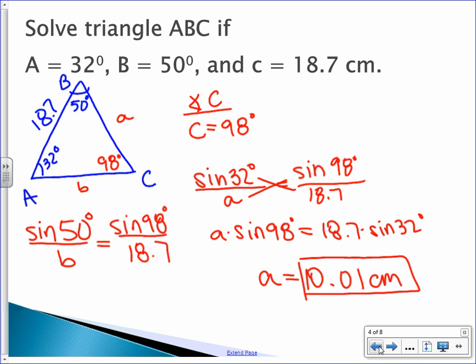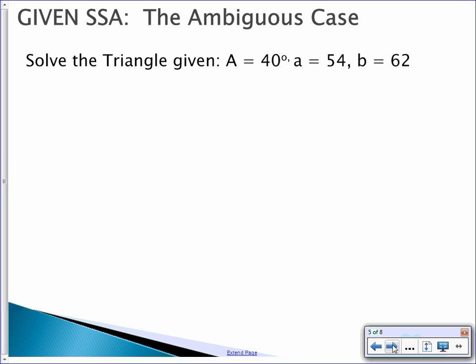Everyone see that? So we're going to use that to help us when we solve our second triangle. All right, so here's our given information. We have A is 40 degrees, side A is 54, side B is 62. The first thing you should do is draw a triangle.